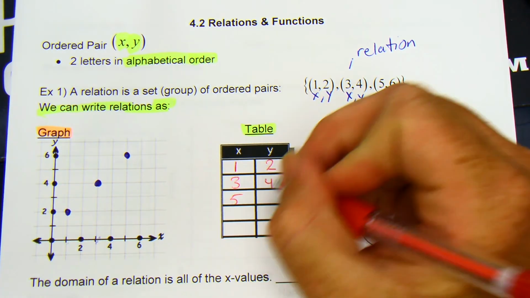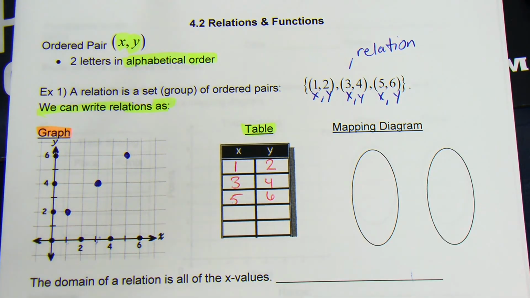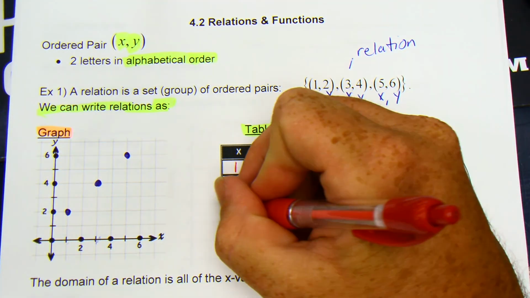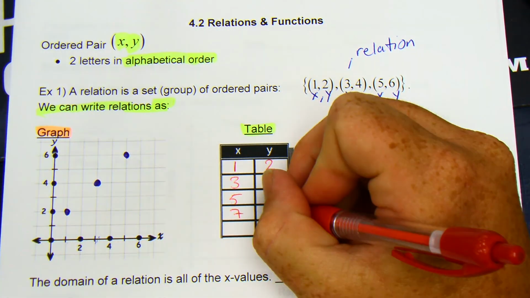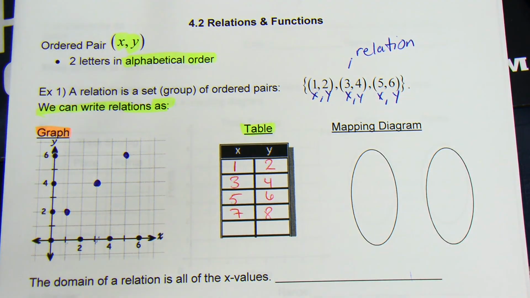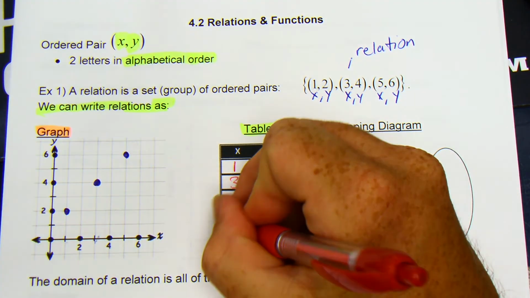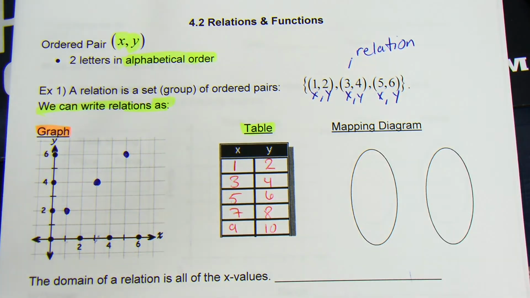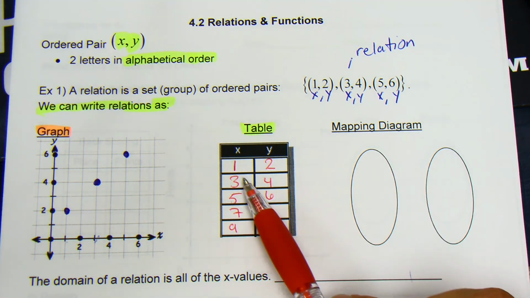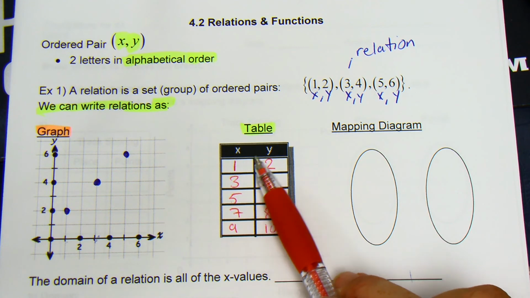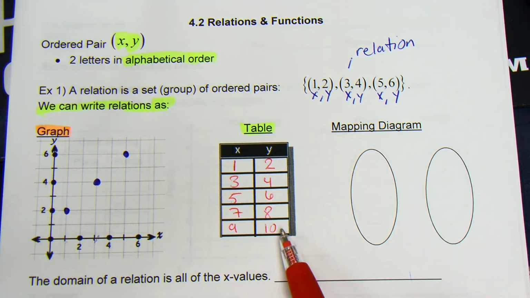If I kept going along this pattern of adding 2 to both, my next would be 7, 8, and then 9, 10. That would be the rest of that table. My x's always go on my left under the x column, my y's always go on my right under the y column.